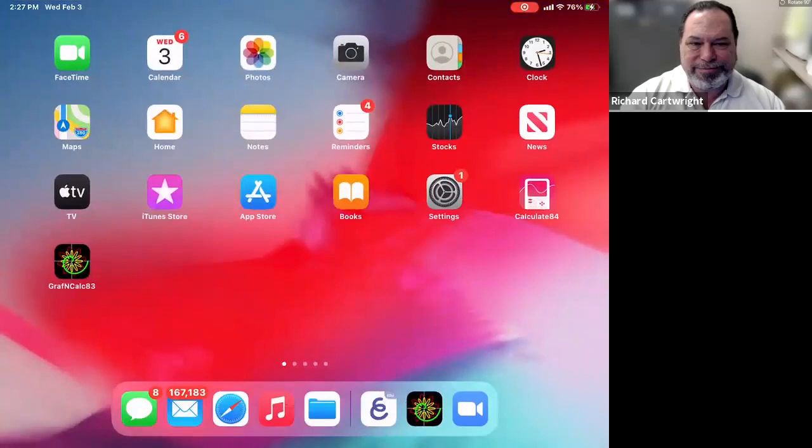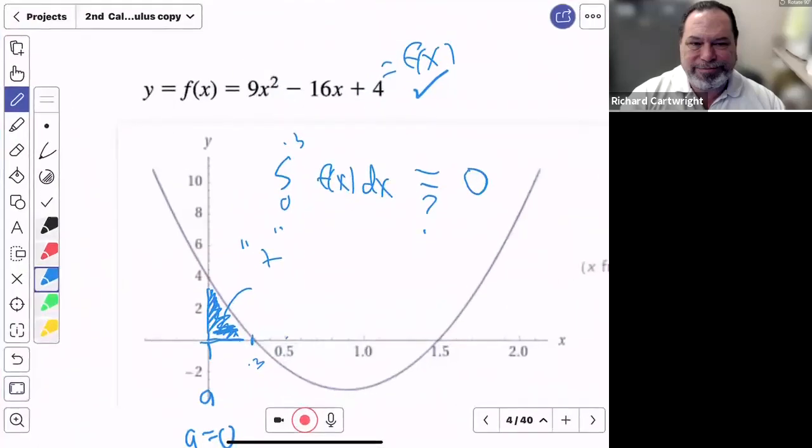Well, what if I'm trying to find where I got to go to get 0? What if I go a little farther? What if I go to 0.5? Okay, so area. Now I say Mackenzie used under the curve, but it could also be above the curve because the area is always considered to be bounded by the curve and the x-axis.